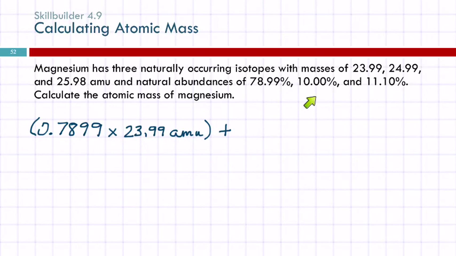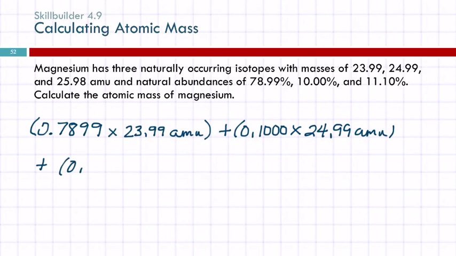My mind wanders. 10%. Dividing that by 100, I get 0.1000 times the mass of the second one, 24.99 atomic mass units, plus the last one, 11.10%. So that's 0.1110 times the mass, 25.98.